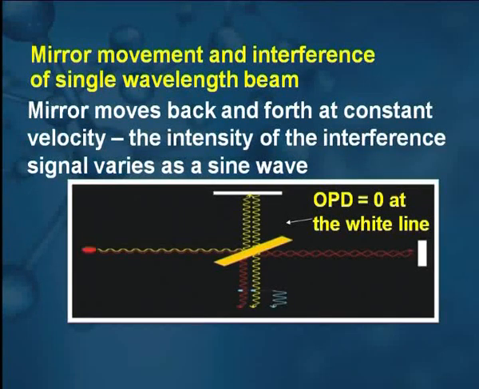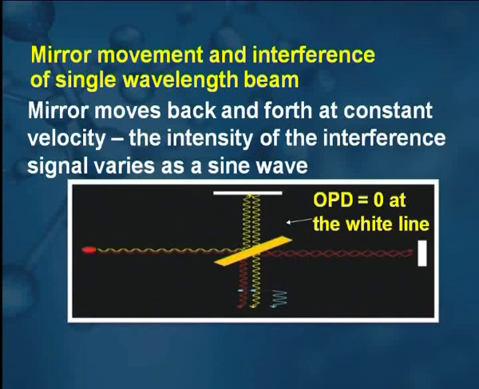Mirror movement and the interference of a single wavelength beam: the mirror moves back and forth at a constant velocity. The intensity of the interference signal varies as a sine wave. Here the moving mirror will move with a constant velocity.